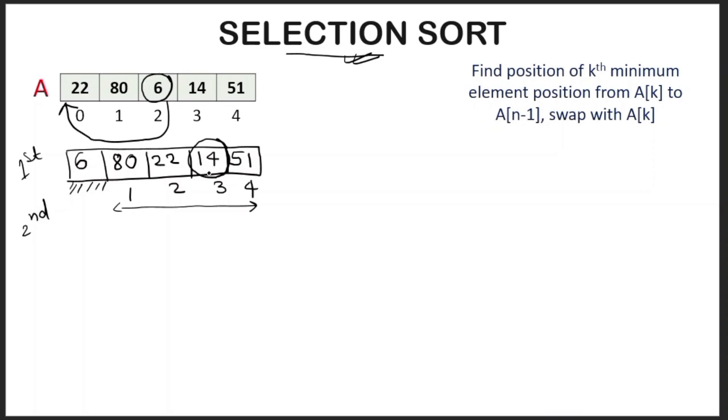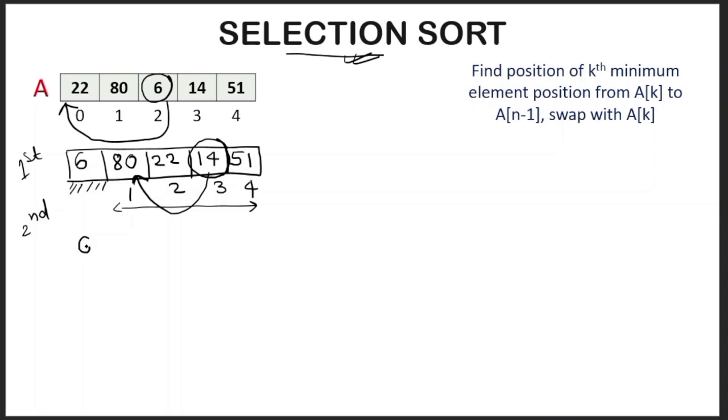So this 14 will be swapped with the first element of the unsorted part of the array. So this 14 will come at position 1 and this 80 is going to take the position of 3.